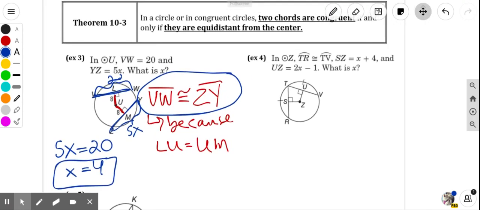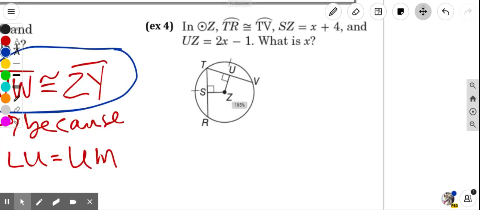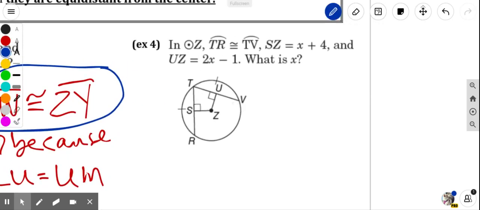Okay, so remember that if chords are congruent, their arcs are congruent. For this example, let me zoom in on just this one. We're given that arc TR is congruent to arc TV. So let's think about what that means. If those are congruent, then their chords are congruent.